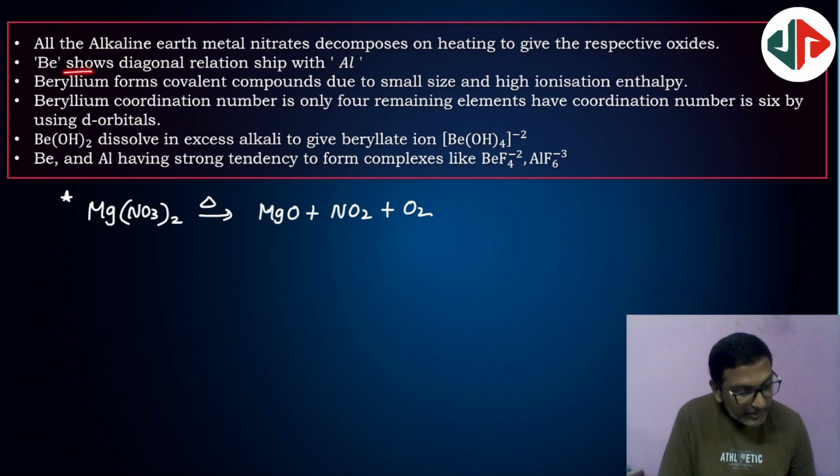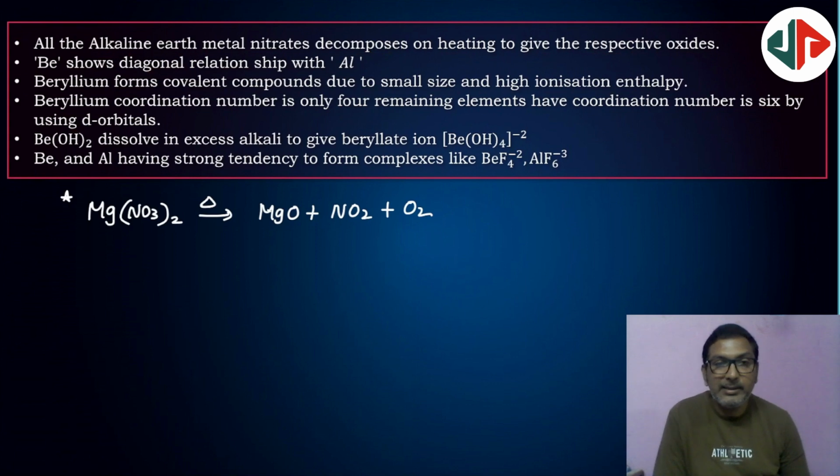Next, beryllium shows diagonal relationship with aluminium. Next, beryllium forms covalent compounds due to small size and high ionization energy. Next, beryllium coordination number is 4, but for remaining elements coordination number is 6. That means beryllium maximum covalency is 4.